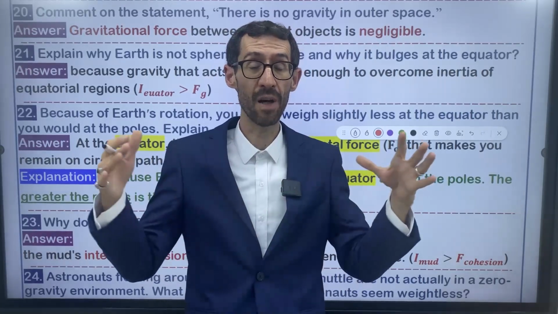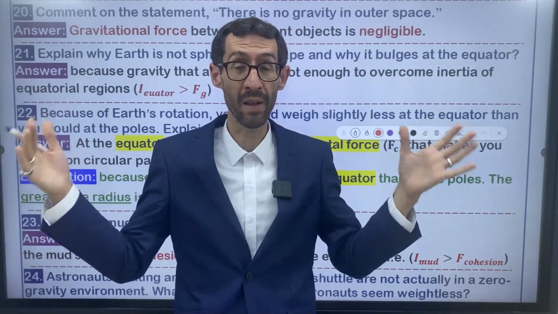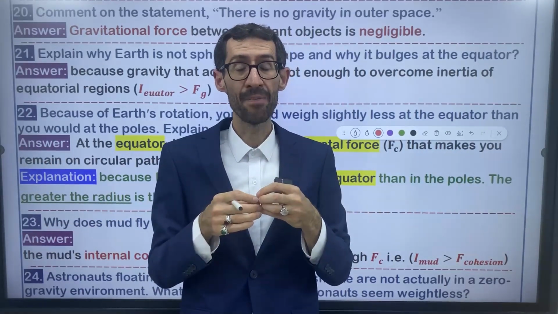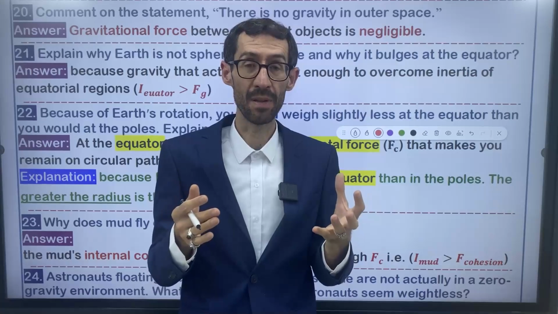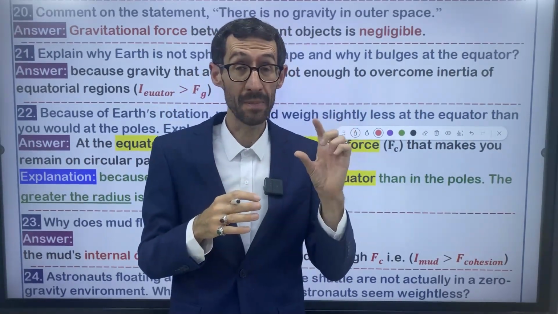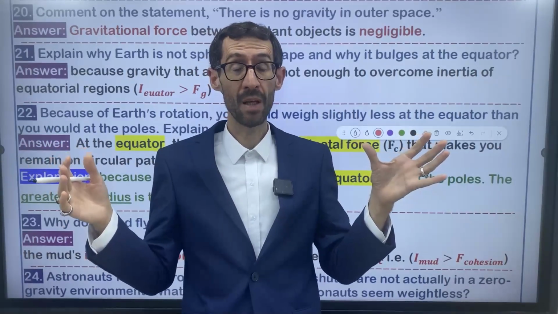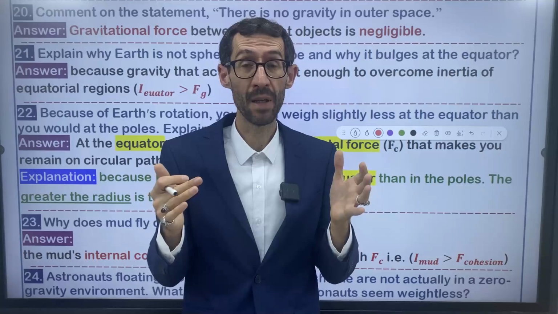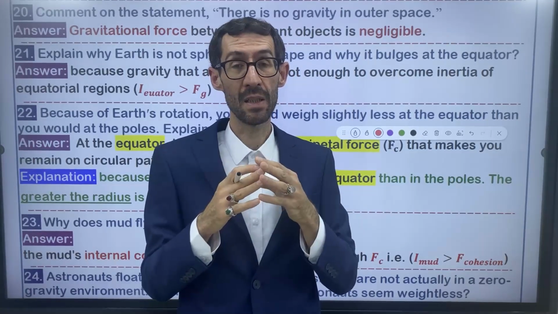That's why objects are very far away from one another. You cannot say gravity does not exist. Gravity exists, but it's negligible. It approaches 0 in some positions. But actually, the sky is not absolutely empty. It's not just stars.